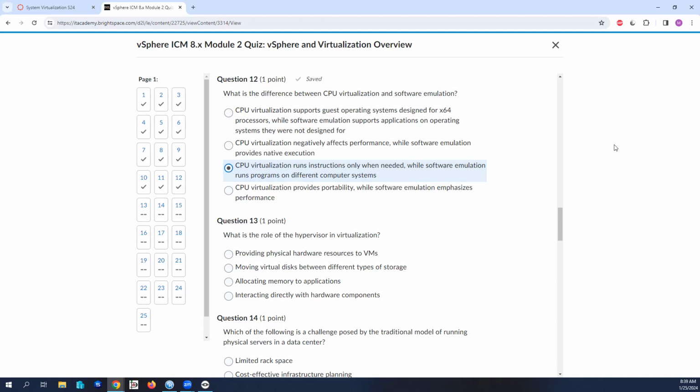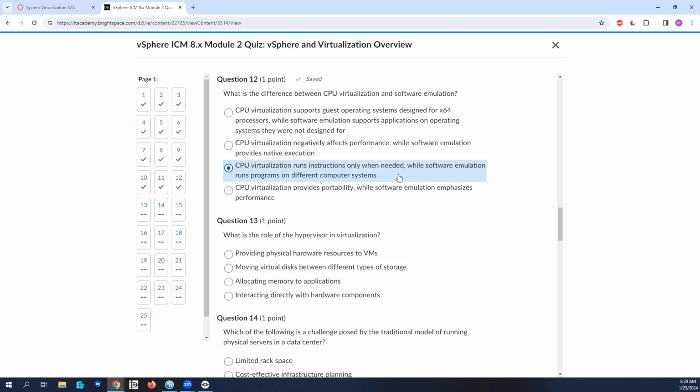CPU virtualization runs instructions only when needed, while software emulation runs programs on different computer systems. So Motorola to x86 or x64, yes, emulation is simulating a different processor, a different computer system.